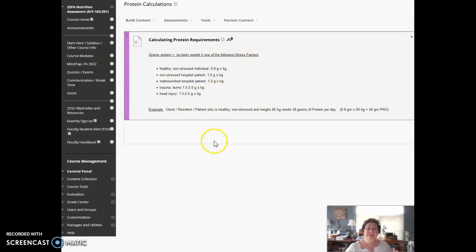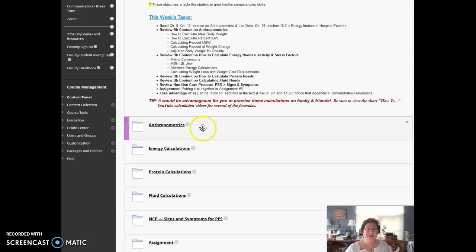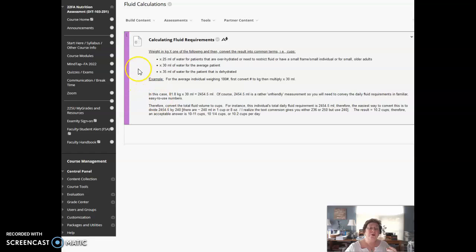All right, and then let me go into, this is not scrolling for me. Let me go back one. Let's get to fluid. So in fluid, you are again calculating the weight into kilograms times one of the following, and then converting that sum into common terms, meaning into cups.